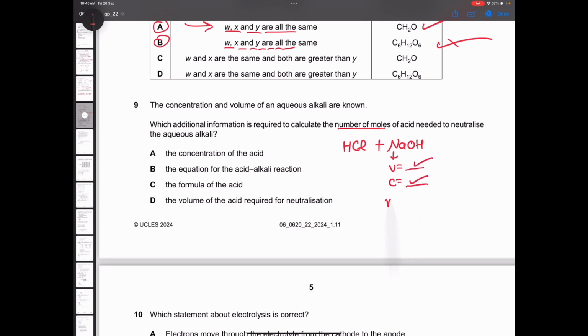So from this you can find out moles of NaOH by doing concentration times volume. Now let's say the moles are 10 moles. Then what do we do? We check the ratio between NaOH and HCl. If the ratio is 1 is to 1, we will say that this also has the same moles. If the ratio is 1 is to 2, we will say that this will have 20 moles. So what do we need to get the moles? We need the equation.